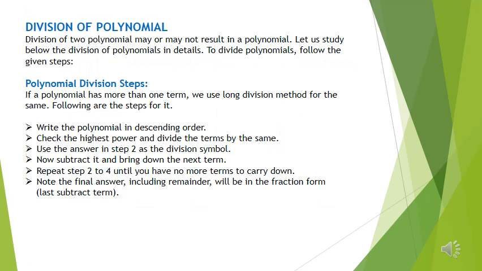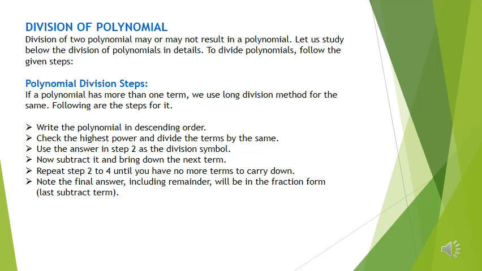So students, in your previous classes you have already learned basic operations like addition, subtraction, multiplication on algebraic expressions. Here we'll learn another operation, that is division, on polynomials. We'll learn some steps for division of polynomials. First of all, we have to arrange the given polynomial in descending order.